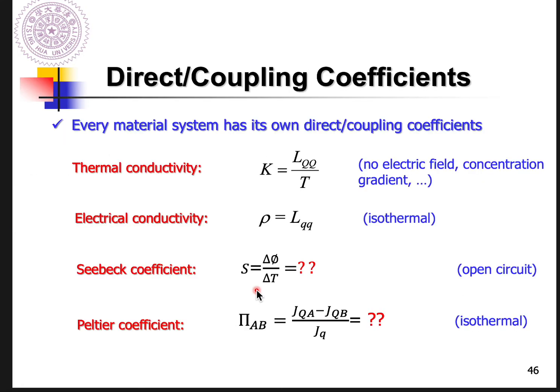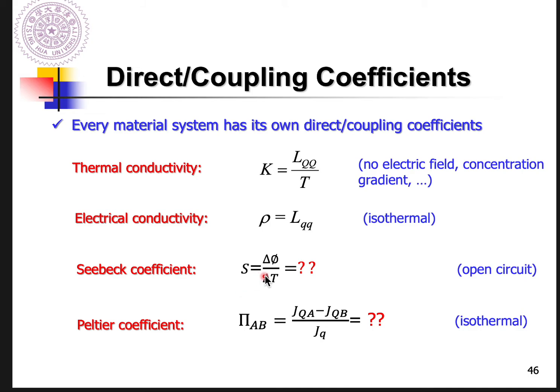Okay, so next we are going to move to two other intrinsic material properties. The first one is the Seebeck coefficient, and the second one is the Peltier coefficient. What is the Seebeck coefficient?